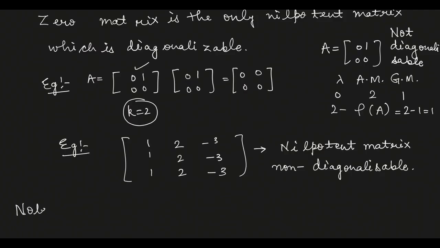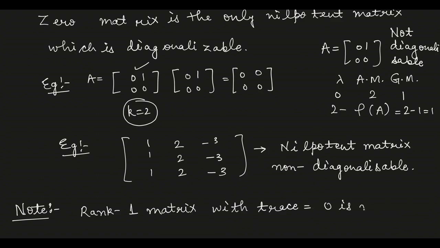So an important note: a rank 1 matrix with trace equal to 0 is nilpotent.